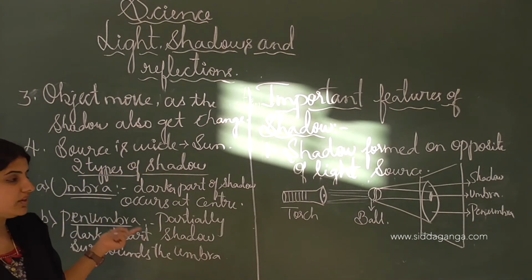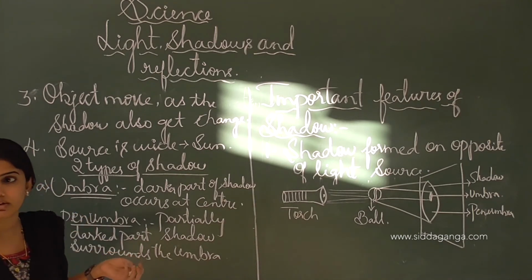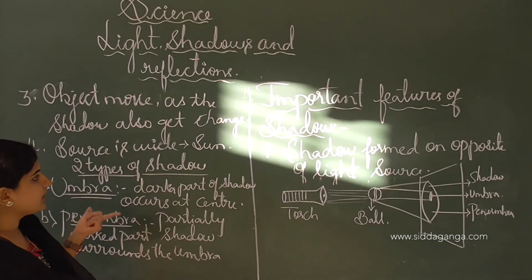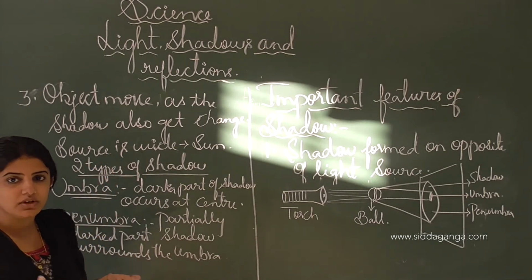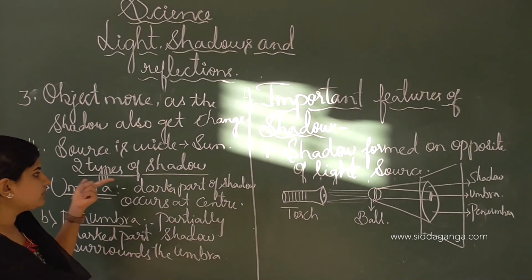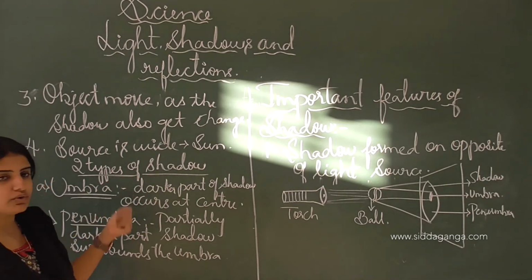In case of the fourth important feature of the shadow, the source: if the source of the light or any kind of object having light is wide, then there are two types of condition we can see, that is, two types of shadow we can see.